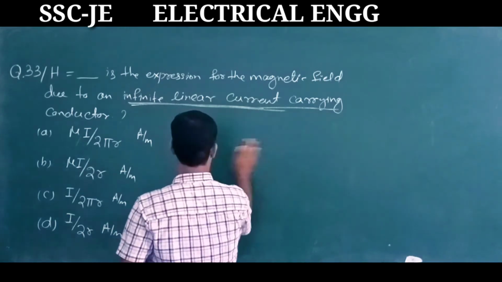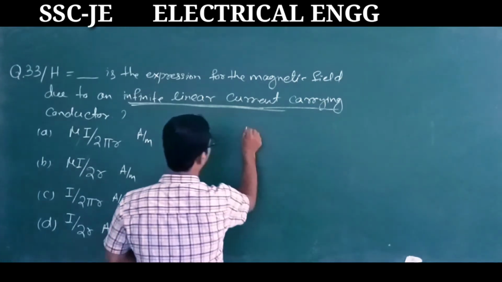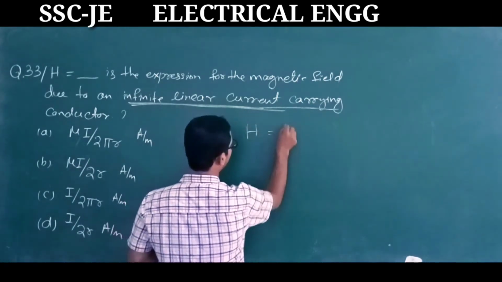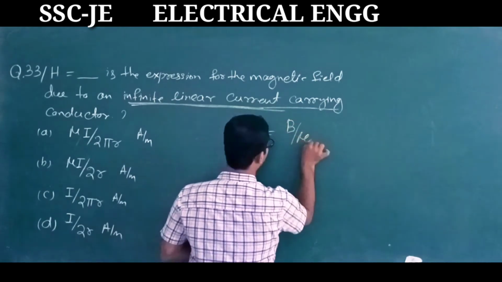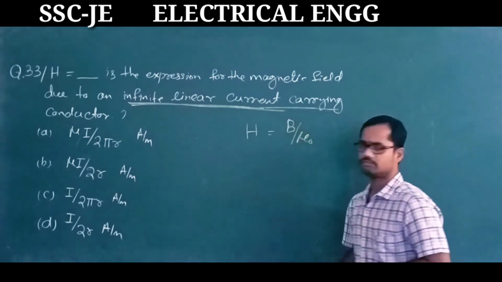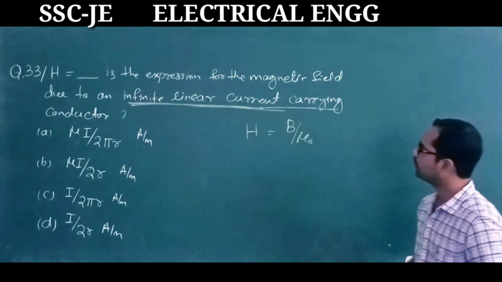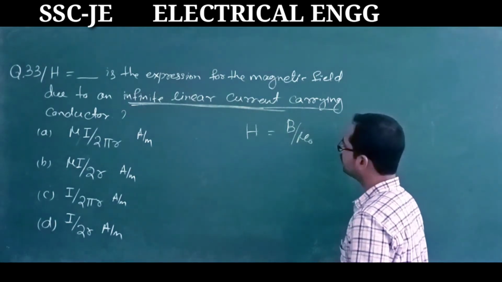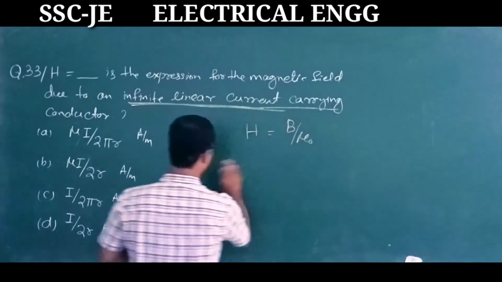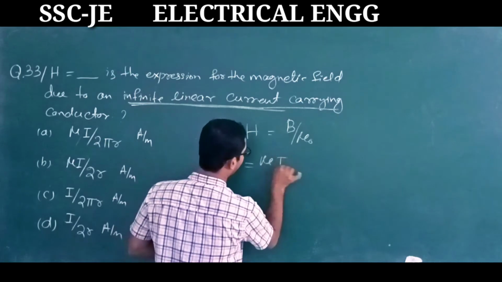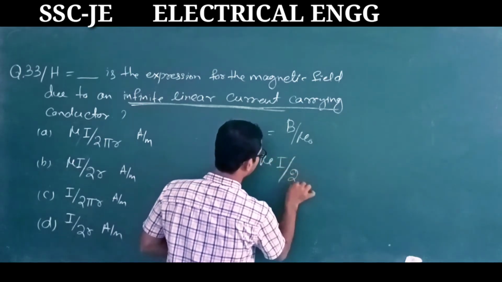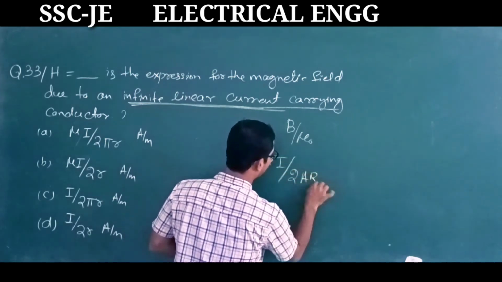We know the formula for H is equal to B by mu 0. For an infinite linear current carrying conductor, the B value will be mu I by 2 pi r.